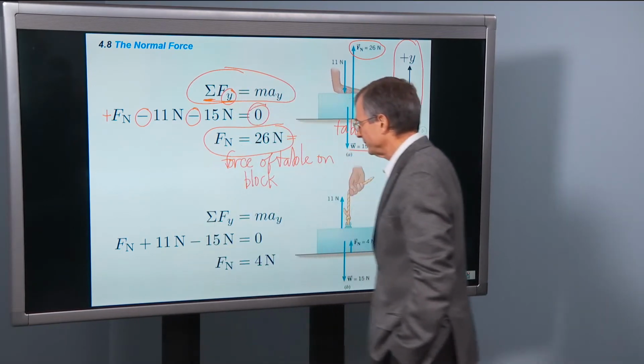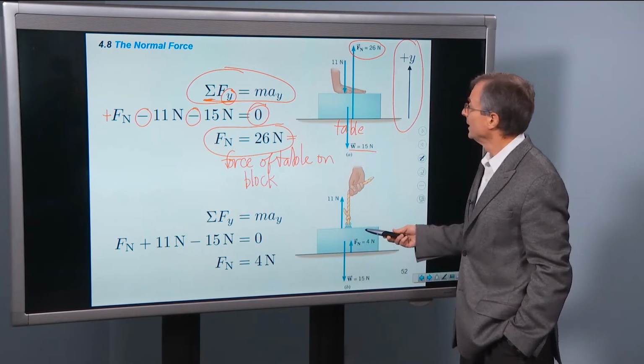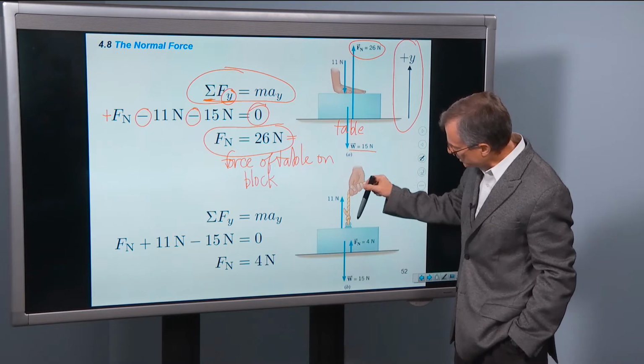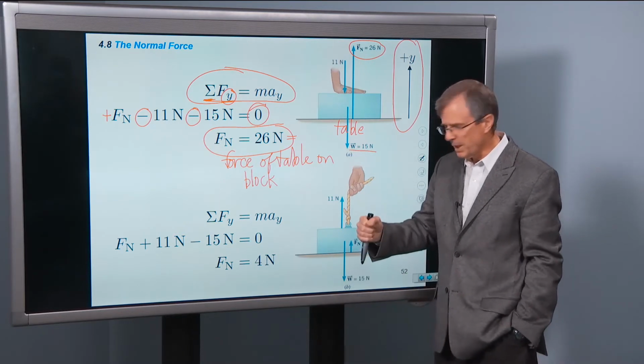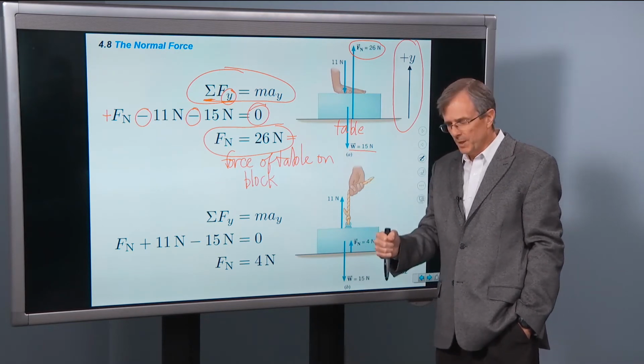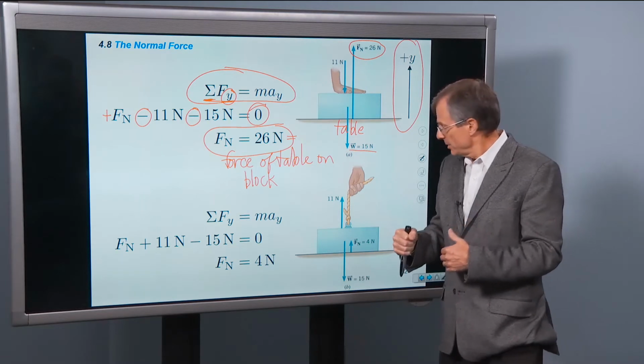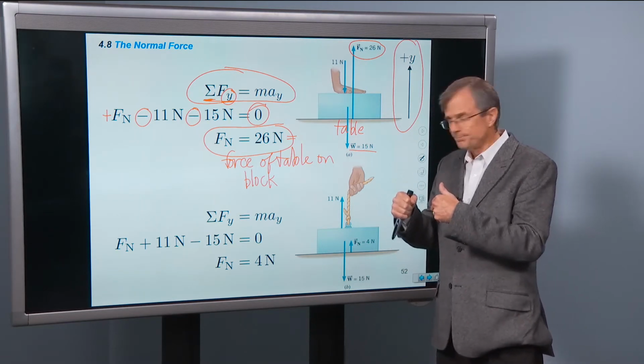All right, fair enough. Well, let's do another case here. Instead of pushing down with your hand on this block, let's hold up this block with a rope, but not pull up on it hard enough to cause it to lose contact.